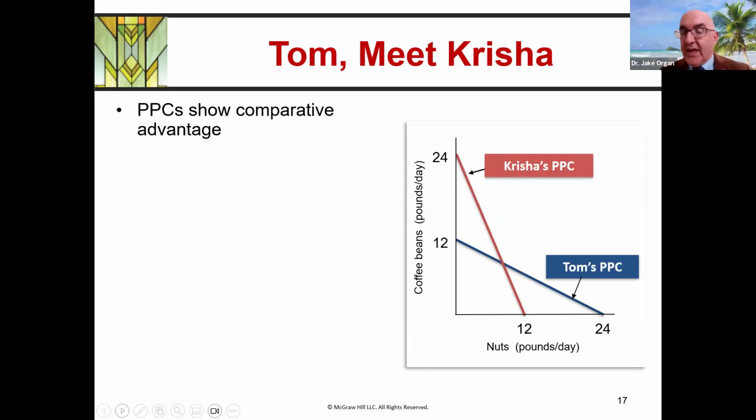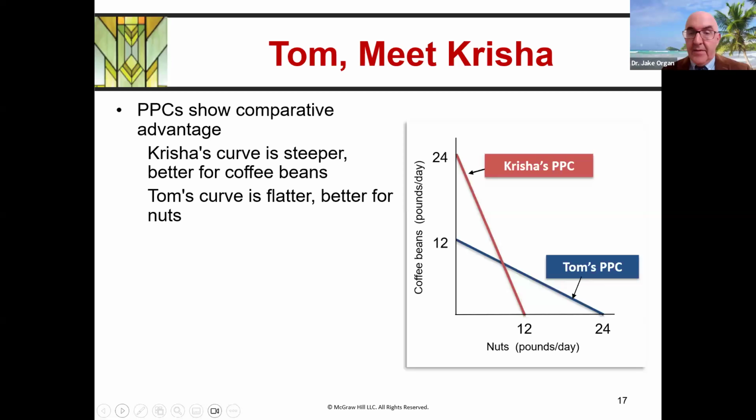Krisha obviously clearly has a comparative advantage when it comes to coffee, and Tom clearly has a comparative advantage when it comes to nuts. So Krisha's curve is steeper, better for coffee. Tom's curve is flatter, better for nuts.